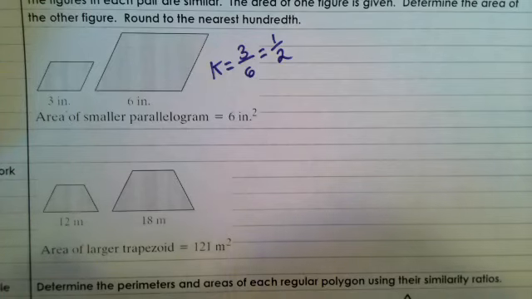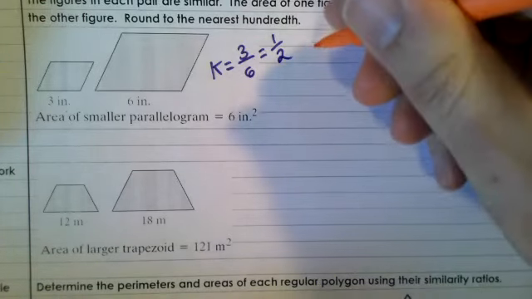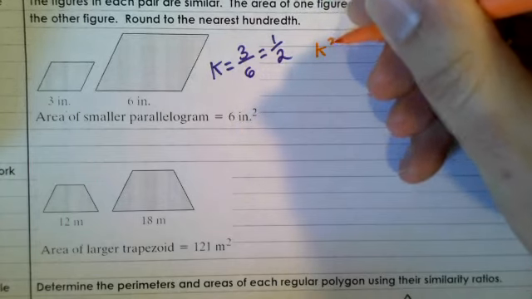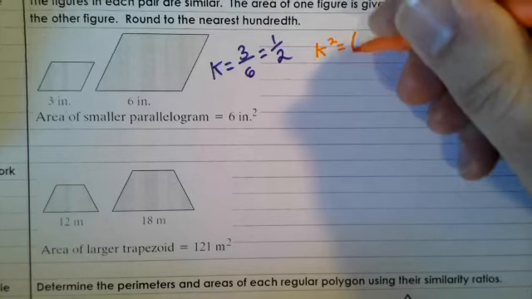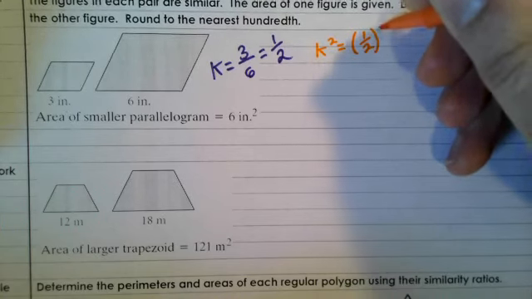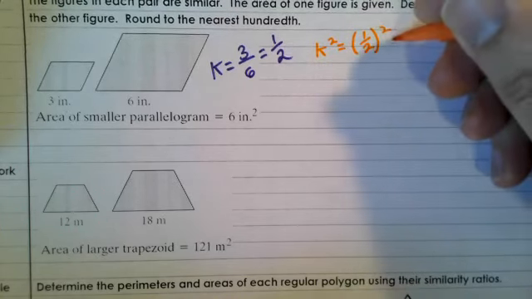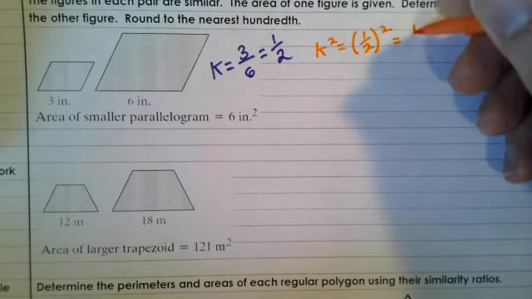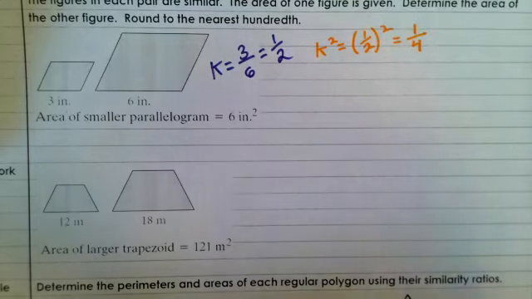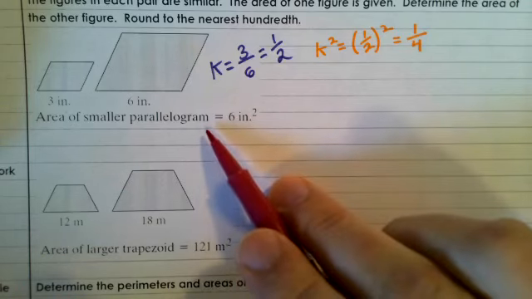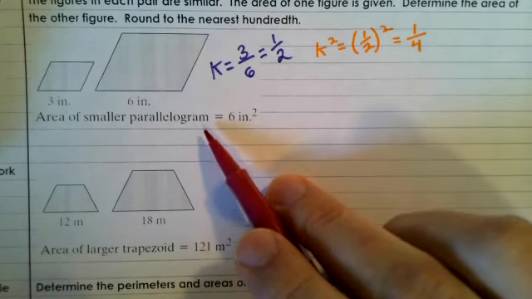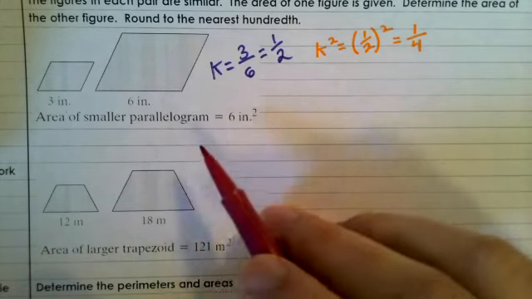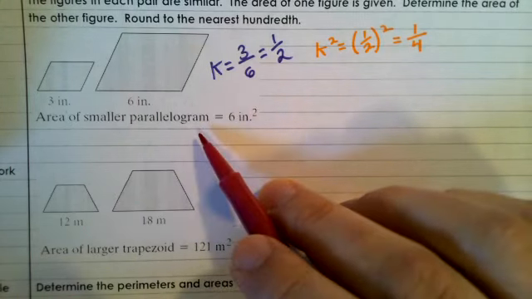Then I need to know what k squared is because that's going to give me the proportion of their areas. So k squared is going to be that 1/2 squared. And 1/2 squared, I know 1/2 times a half is a fourth. So to find the area of the big one, I need to use the area of the small one.